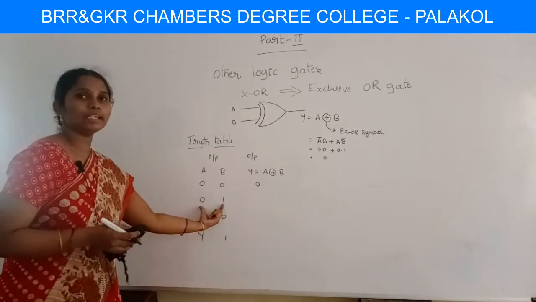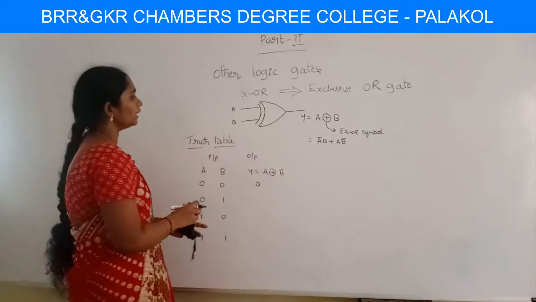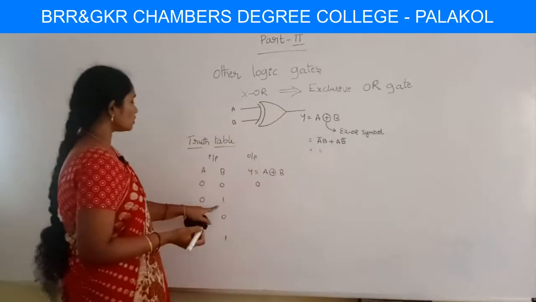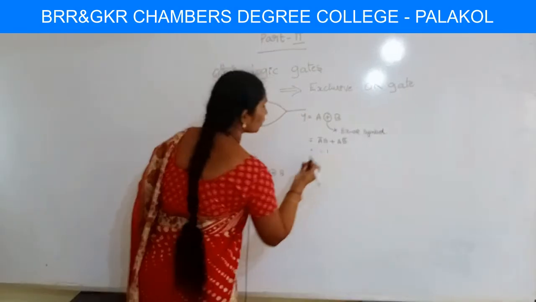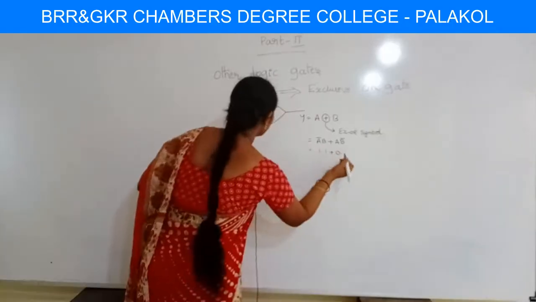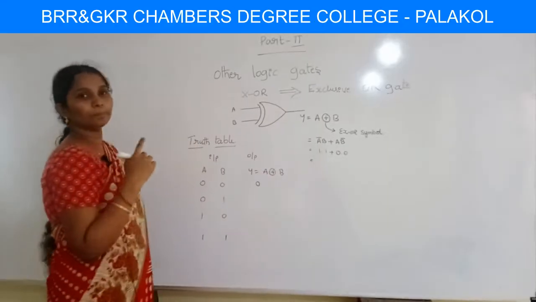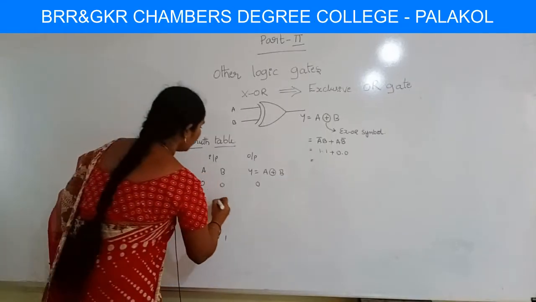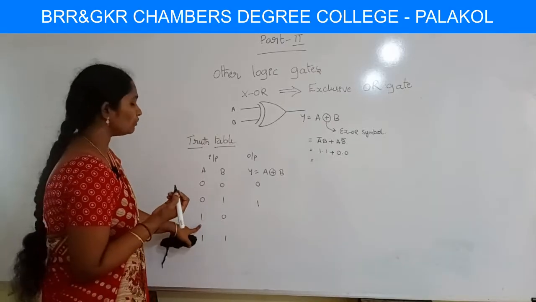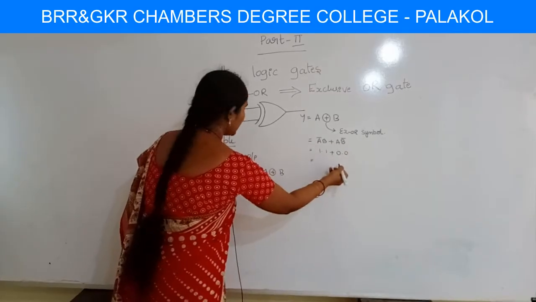After that we will apply 0 and 1. First of all A is 0, A bar is nothing but 1, and B is 1. So here 1 plus 0 is 1. The output is 1 here, and after that we will apply 1 0 in this equation.